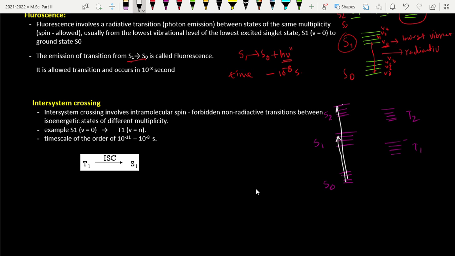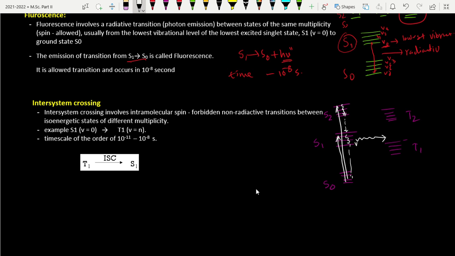Again it comes down, right? During that case a state occurs where intersystem crossing is possible. Why is intersystem crossing possible?